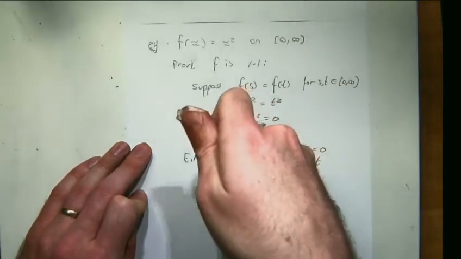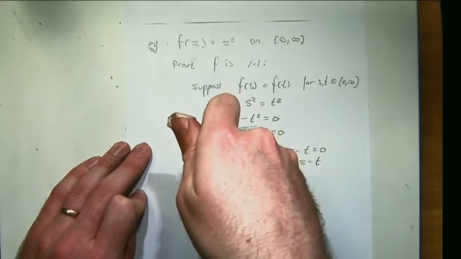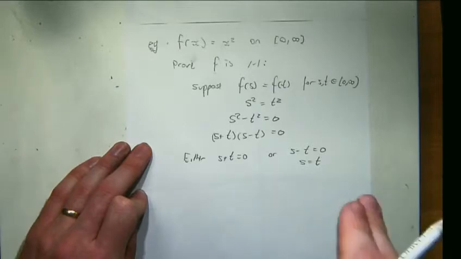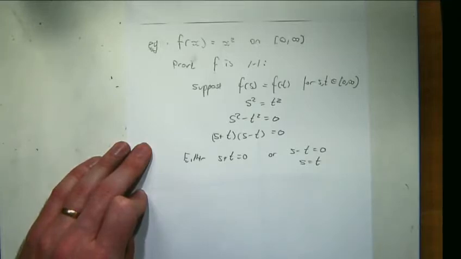So we either need to show that this tells me that s is equal to t, or that this is impossible. Okay? So, well, we know that s and t are both positive, and the only way to add two positive numbers together to get 0 is for them both to be 0. Because they're both positive, right?